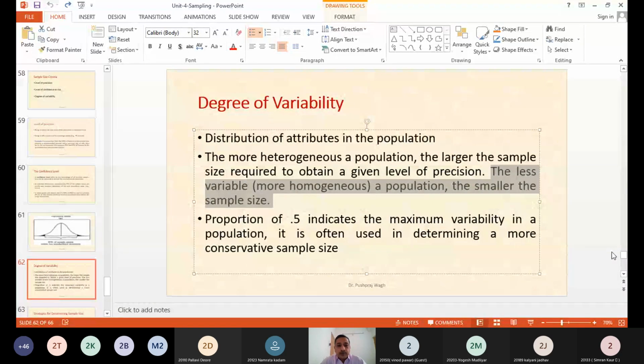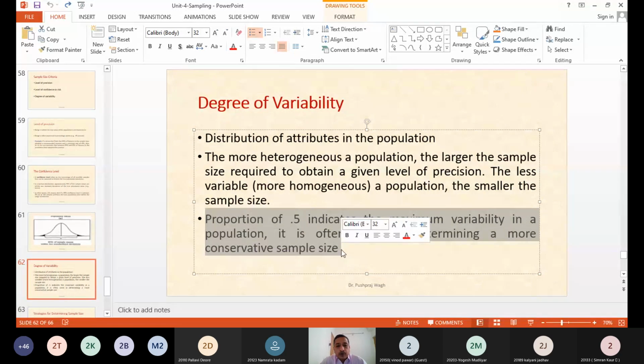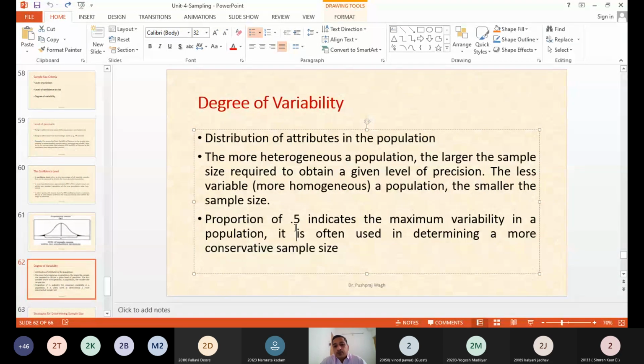Usually this degree of variability will be shown as a value that may be 0.5. Here in this case we take this proportion of 0.5. 0.5 is the value which indicates maximum variability in a population. So conventionally 0.5 shows more heterogeneity in a particular population. Values below or above 0.5 may be more homogeneous.